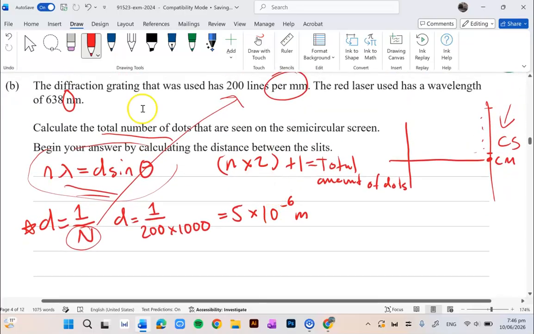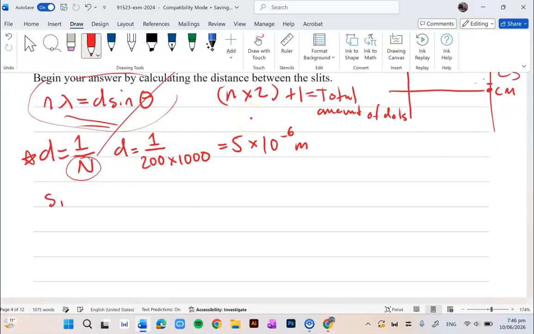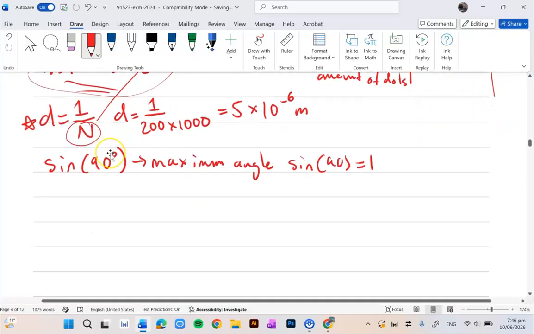Now, for the maximum number of dots, we know the angle has to be its maximum. And for the angle to be its maximum, it has to be 90 degrees, right? That is the maximum angle that it could possibly be at. We know that sine 90 simplifies to 1, right? So our formula can actually simplify to n lambda equals d.